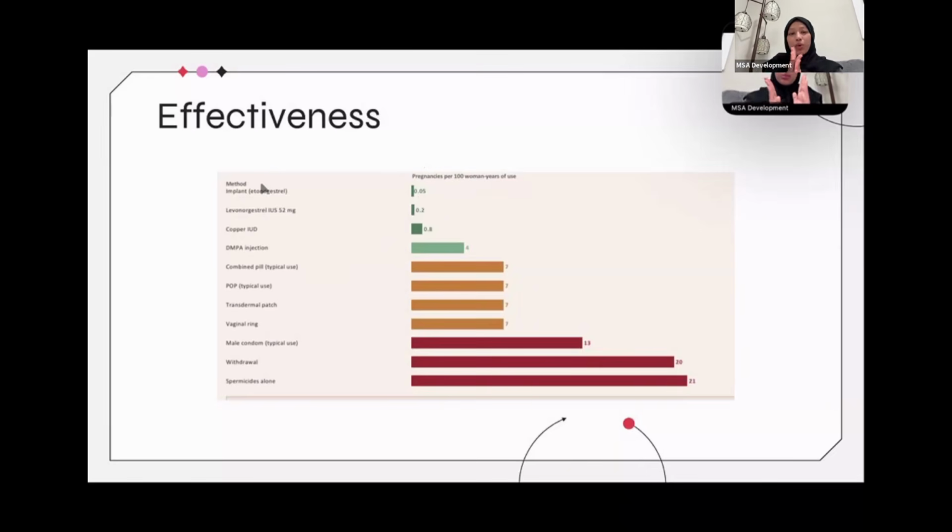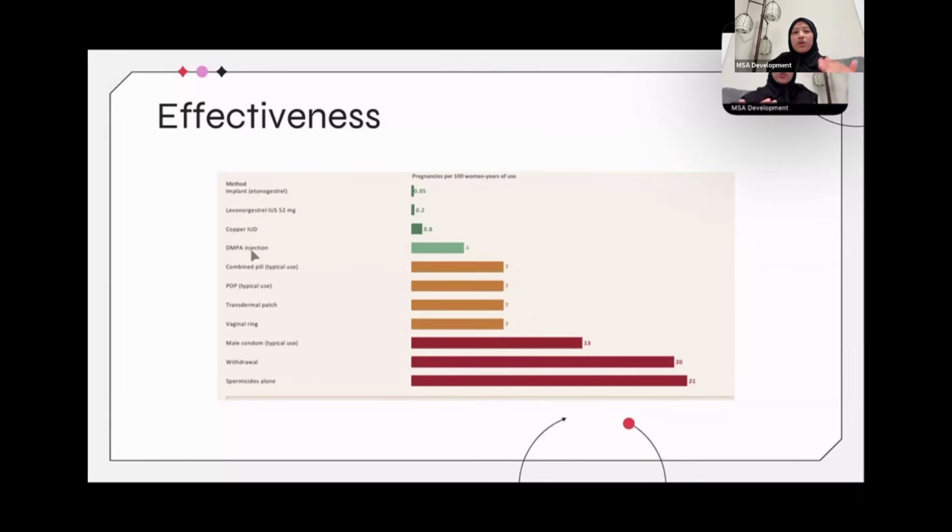So the most effective over a long period of time, first line, is the progesterone-only implant. Then you have the IUS, which is intrauterine levonorgestrel. Then you have the copper IUD, which is not in the hormonal lecture, but it's still effective.